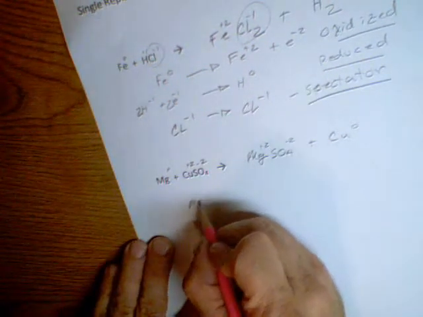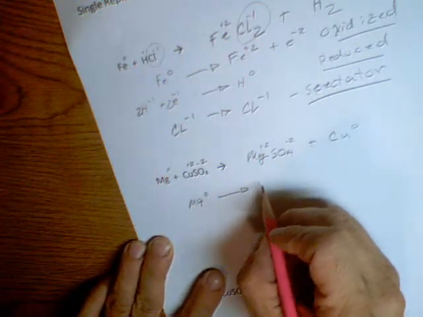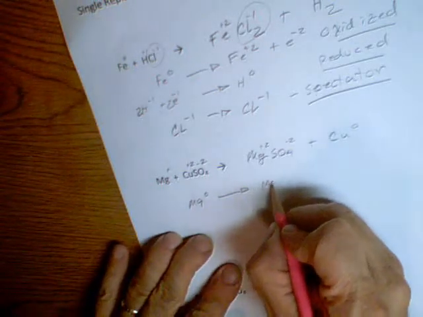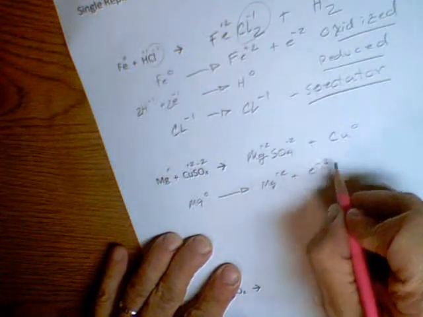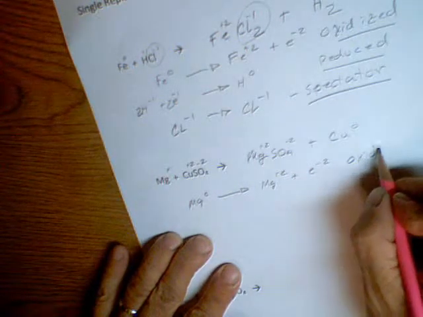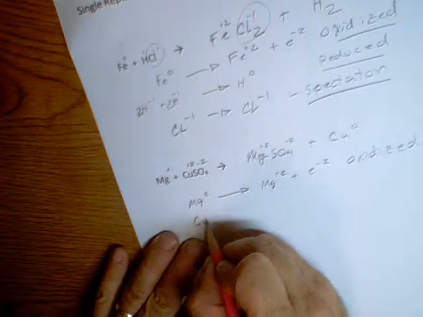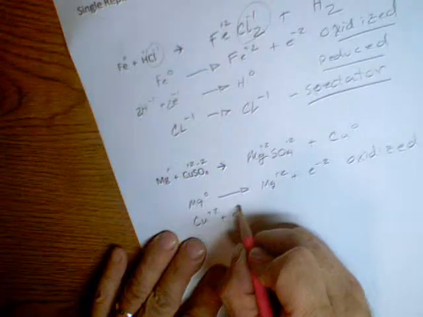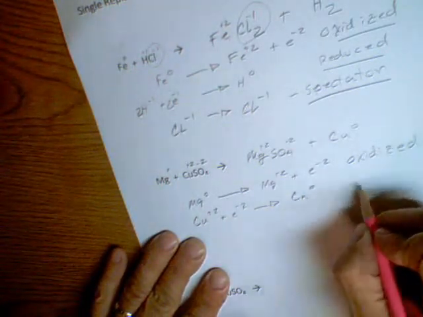So magnesium would have had to give up the electrons, so it's oxidized. And the copper would have gained electrons. It's reduced.